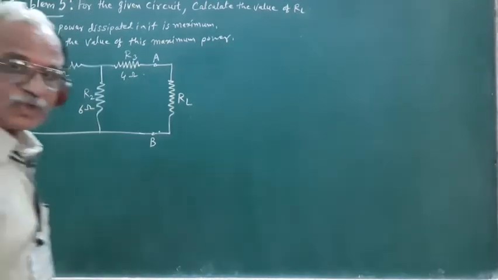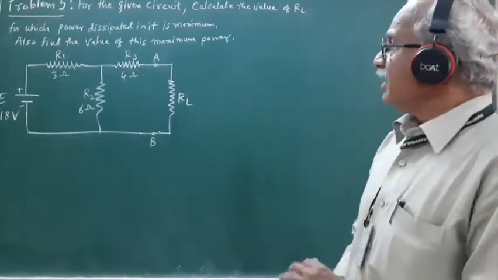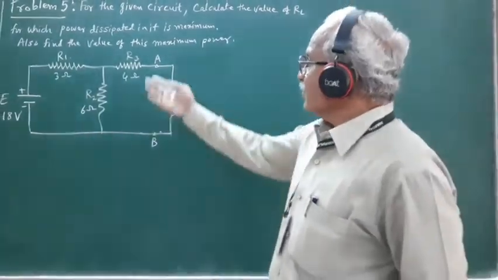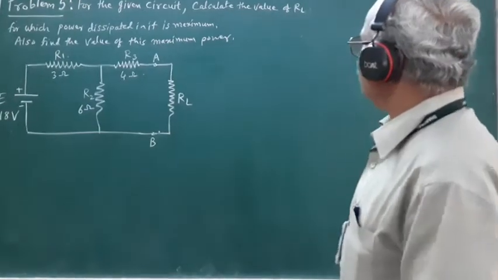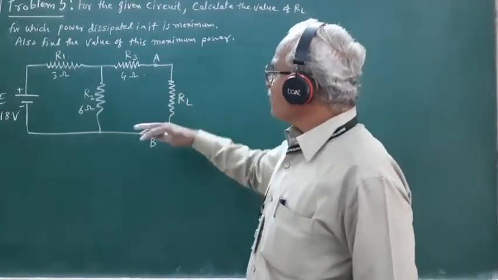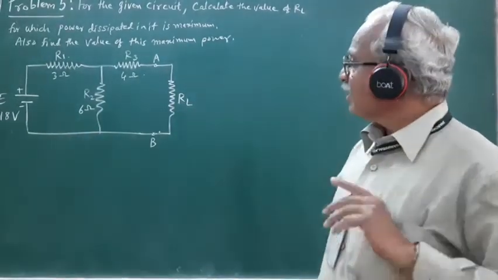So here we have the next problem dealing with the maximum power transfer theorem. For a given circuit, you are asked to calculate the value of RL for which the power dissipated in it will be maximum.